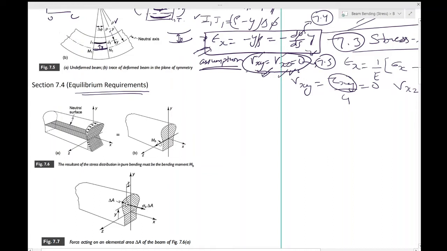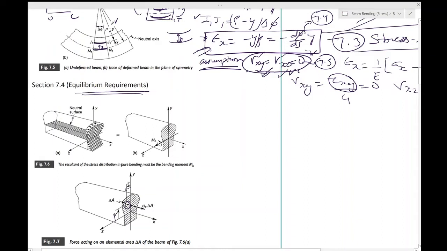So let's take a small element sigma x delta A over here. We have cut a cross section, and where is this element located? It is located at a distance z from the y-axis and y from the x-axis, and it is located at x equal to 0, needless to say.